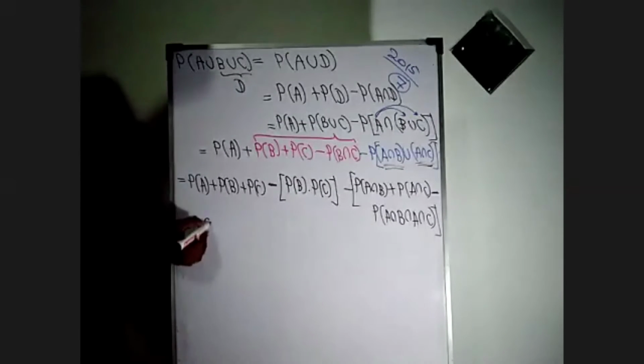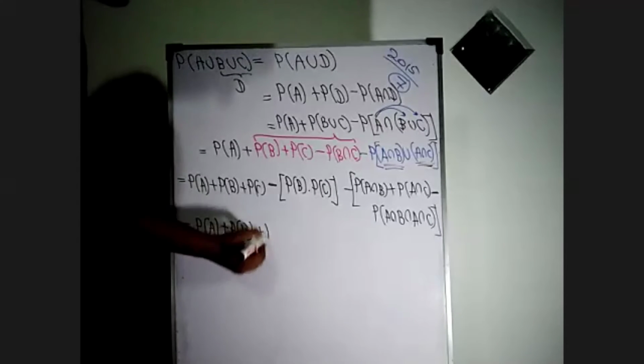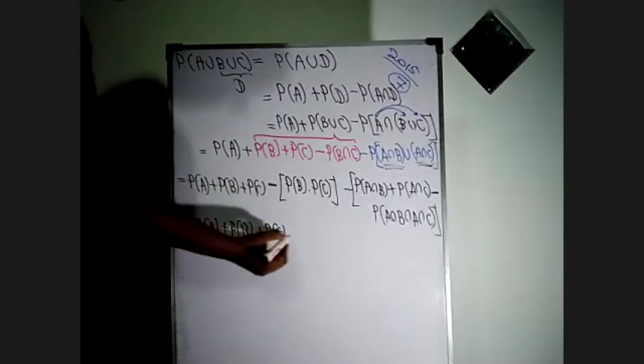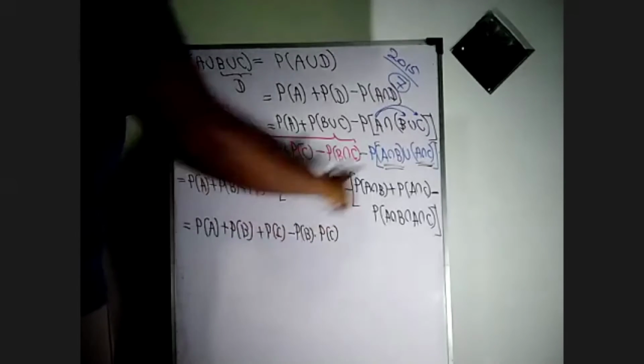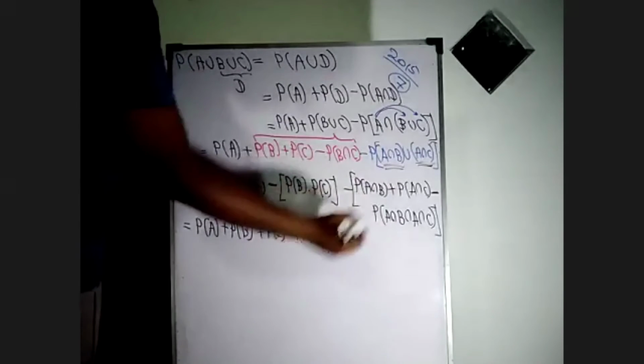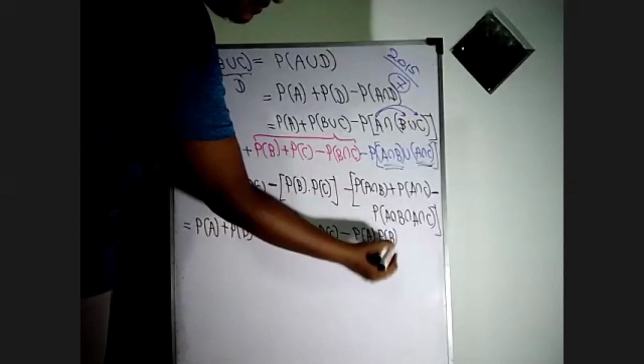Okay, PA plus PB plus PC. Now remove brackets, minus PB, PC. So we can have PB, PC terms. These terms are allowed from the question. But we have to change this. What is this? Once again, independent theory. A intersect B is the product of PA, PB, because A and B are independent.